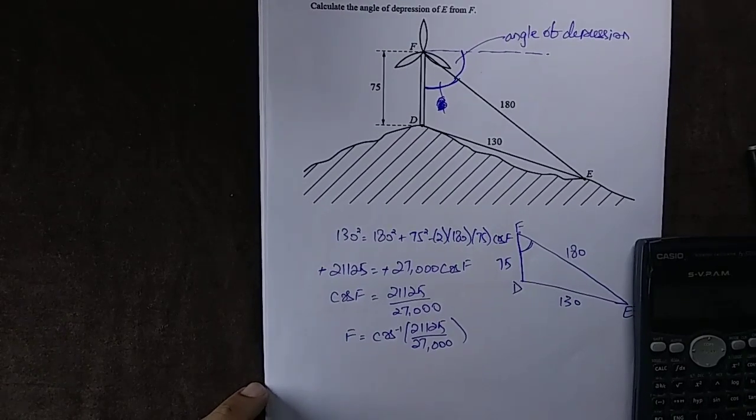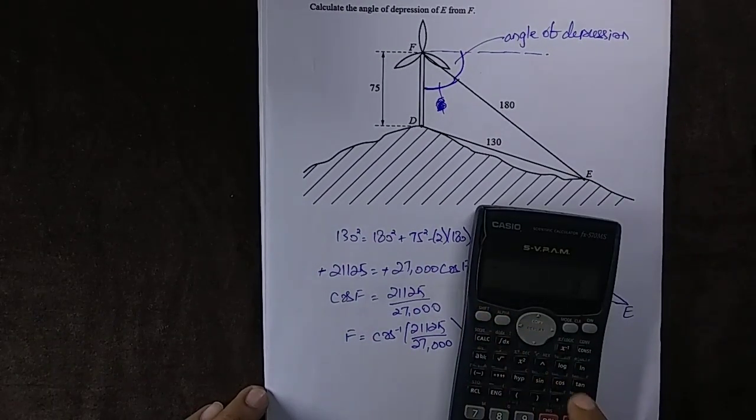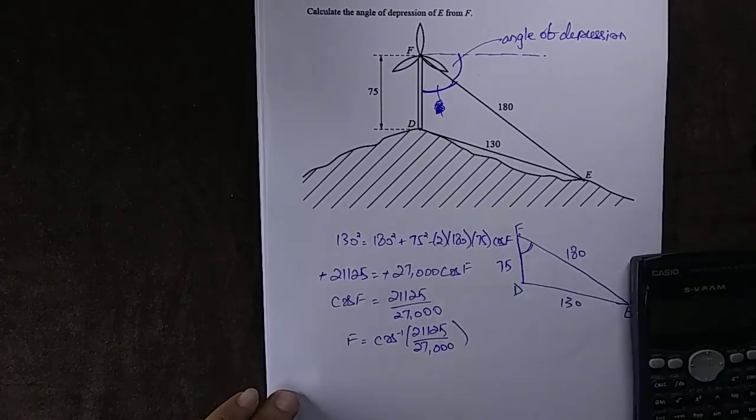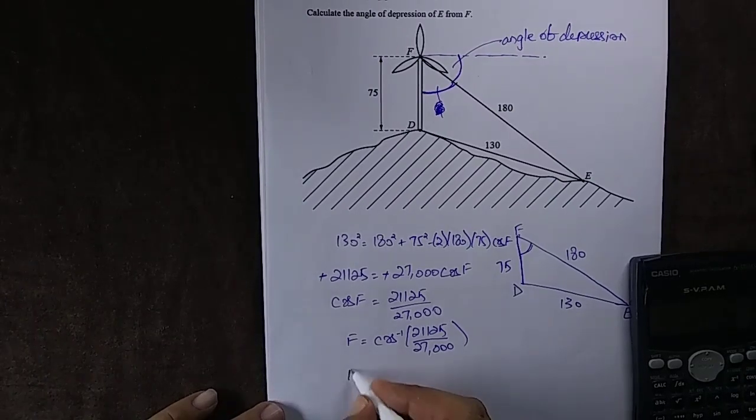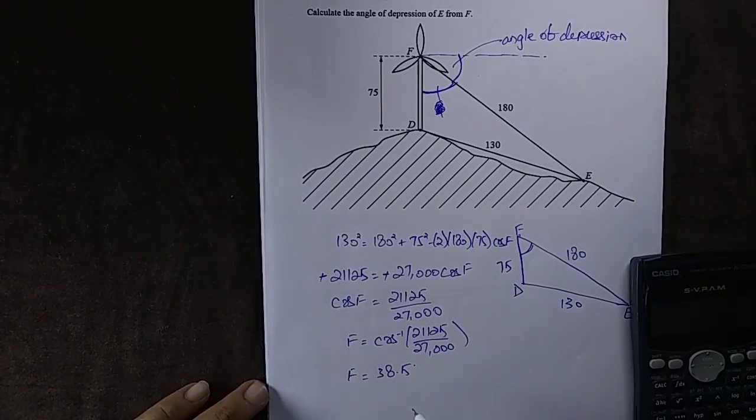which can be calculated with the help of a calculator as cos inverse of 21125 upon 27,000, which results in 38.5 degrees. And the angle of depression would be its complement.